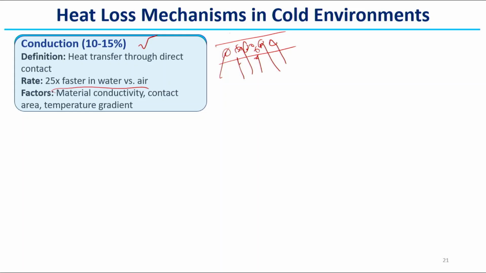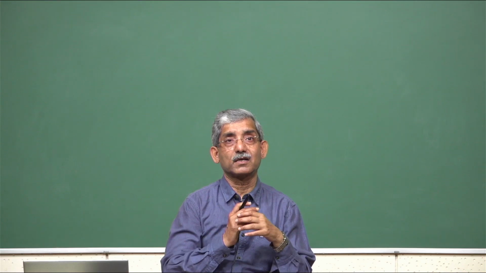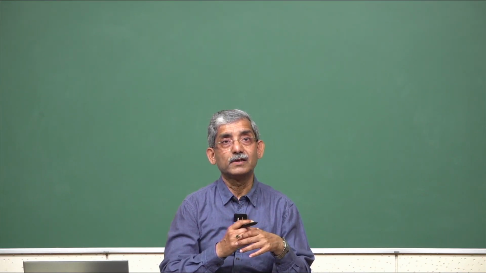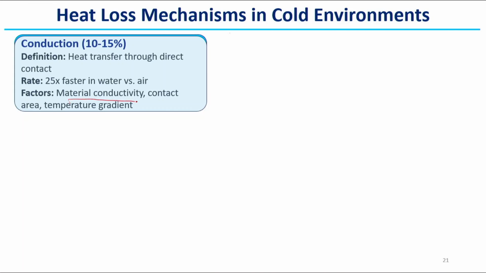That is why, in case of winter dress, we create additional air pockets to reduce the conduction, for higher insulation. For material conductivity, we should use material with lower thermal conductivity, and a lower contact area, so that direct conductive heat loss is reduced.